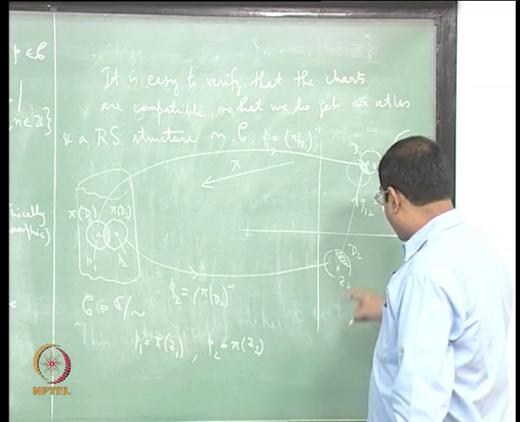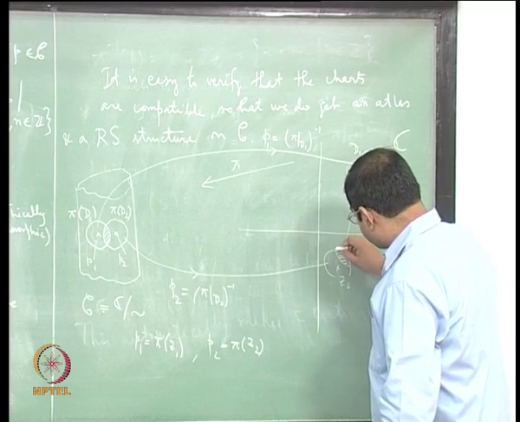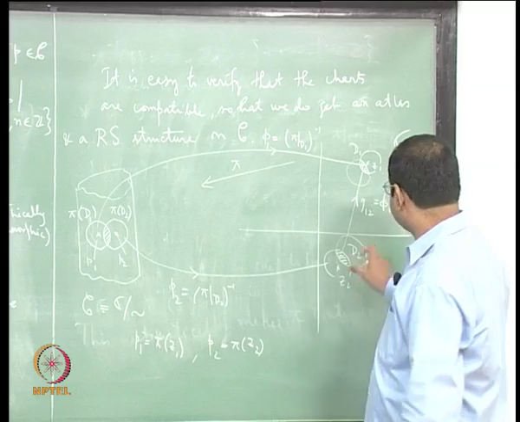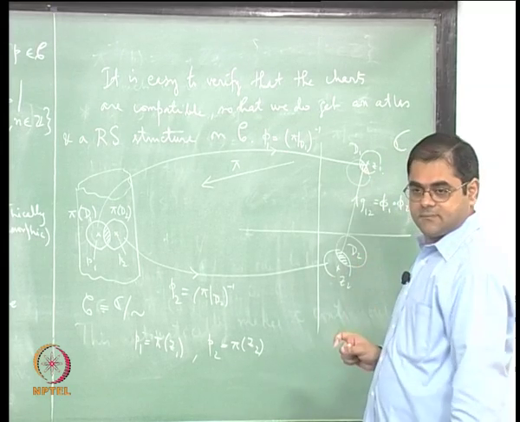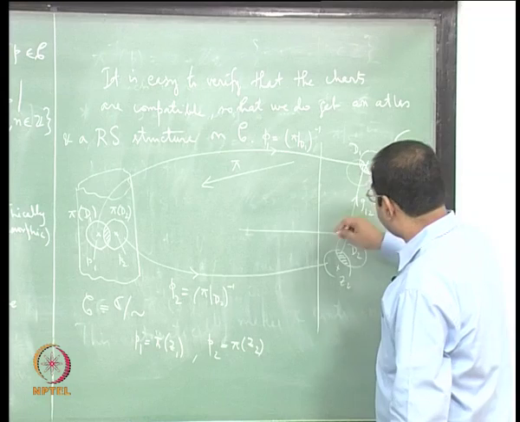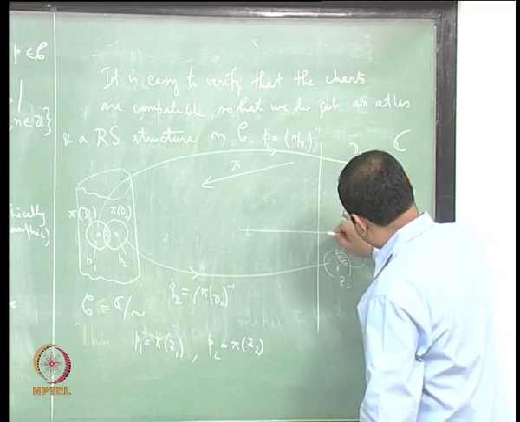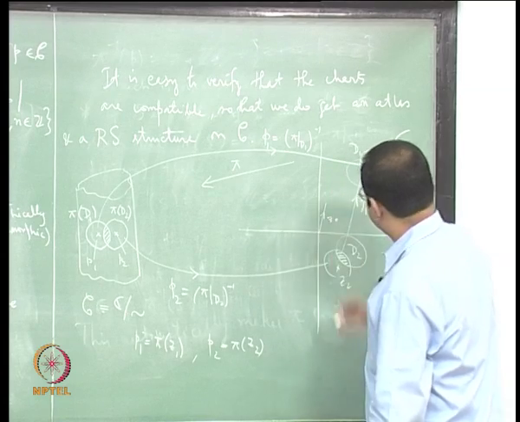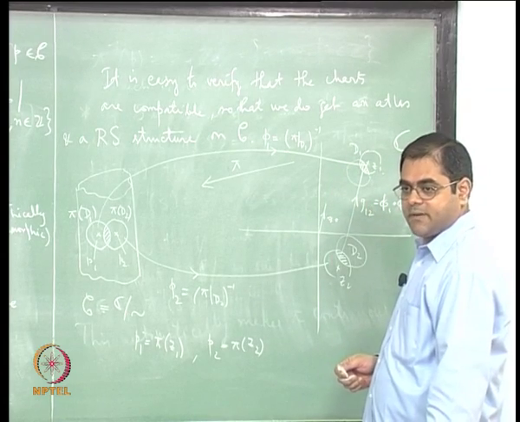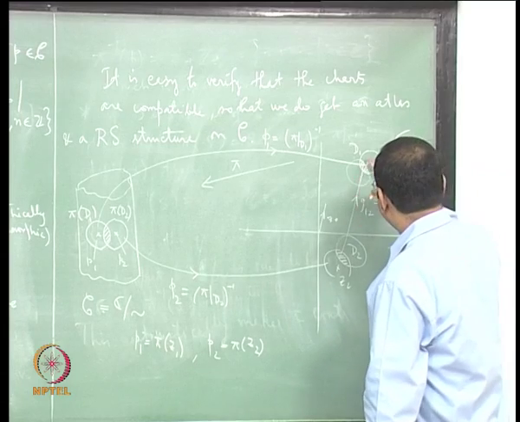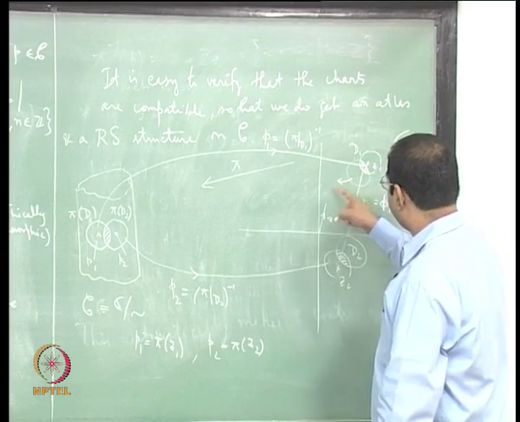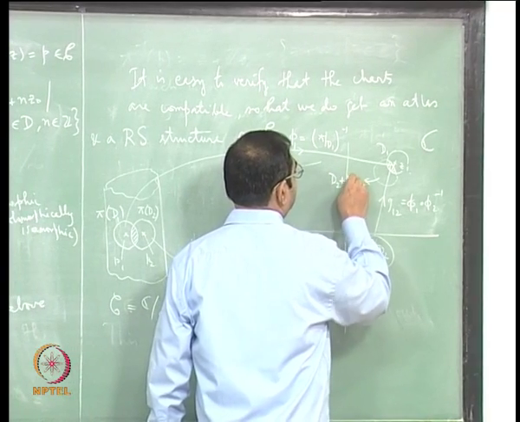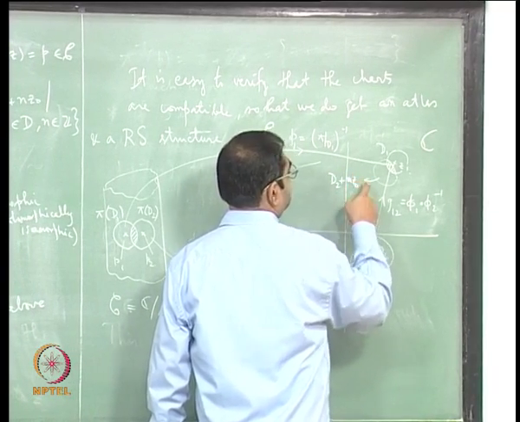Then this intersection comes from a translate of D1 which will look like this, and these two will be translates of each other, and this translation will be translation by the vector, this will be the vector z0.